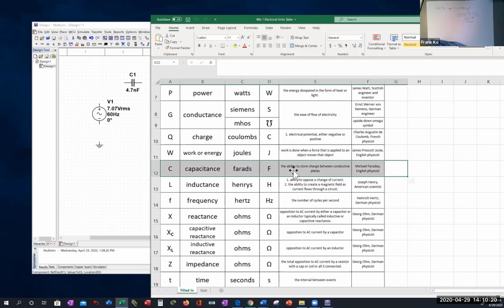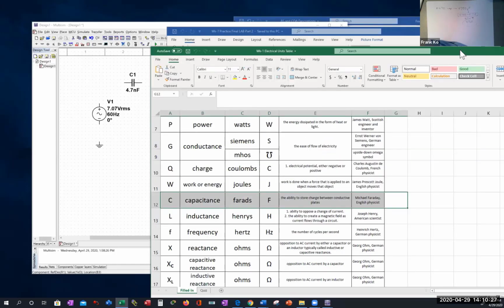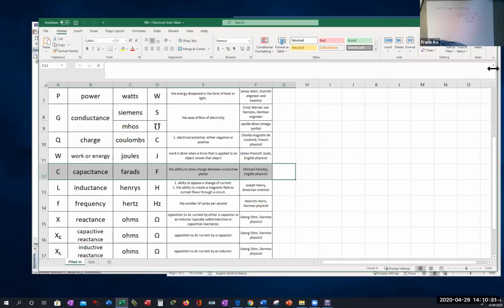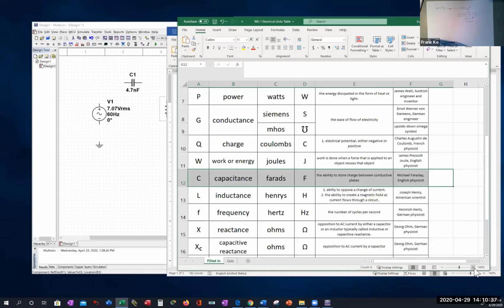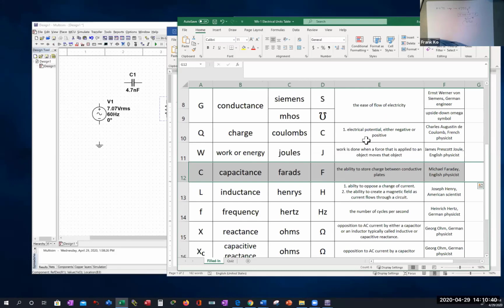Capacitance was defined as the ability to store charge. So let me reduce the size here, bring this over and magnify this just a touch. The ability to store charge between conductive plates is the characteristic known as capacitance, measured in units of farads, and the symbol for farads is capital F.